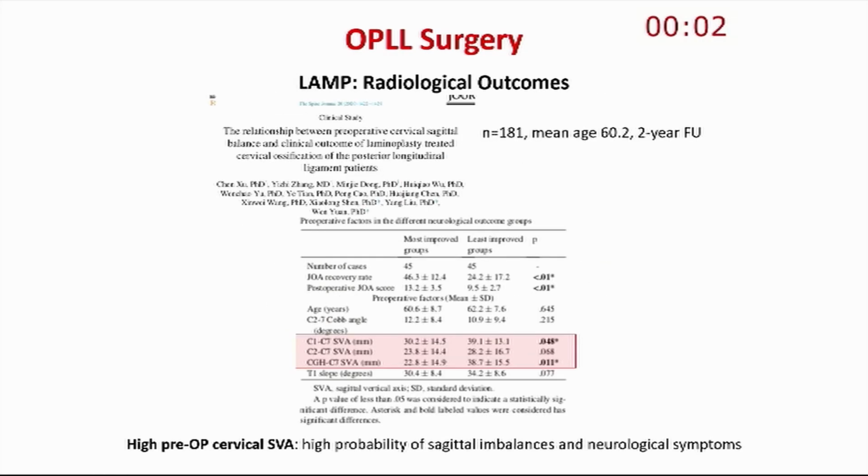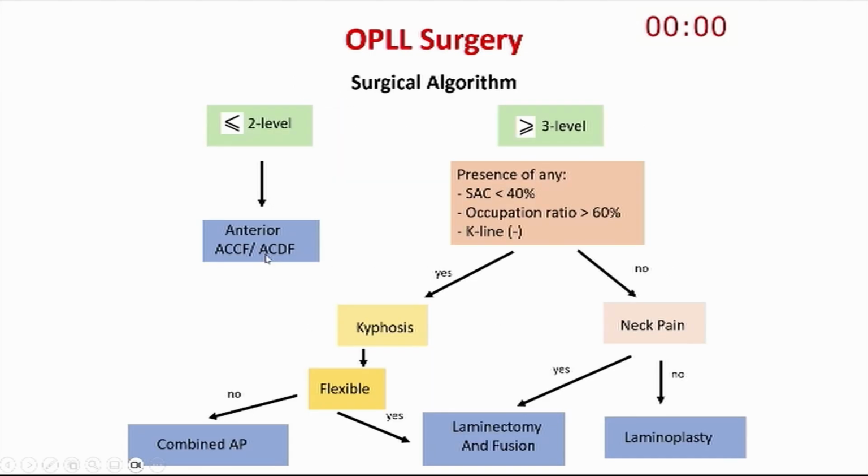And we are starting to look at other data. Patients with high pre-op cervical SVA tend to have sagittal imbalance and neurological symptoms. So this is the kind of algorithm that we can use: less than 2 levels, an anterior approach. More than 2 levels, you look at the occupation ratio of the canal, if it is higher than 60%, if you have a negative K-line, kyphosis, whether it is flexible or not.